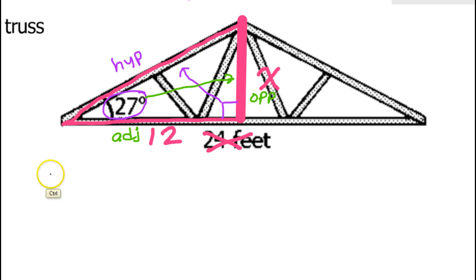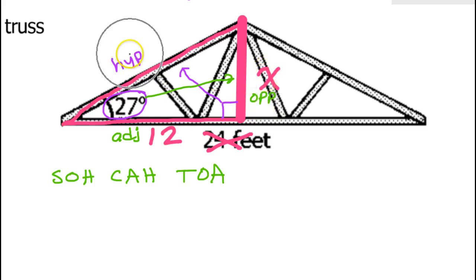Now it's time to decide which trig function we are going to use. To help us remember the formulas, we will write down the word SOHCAHTOA, which reminds us of the formulas for sine, cosine, and tangent. So, which one of these sides, opposite, adjacent, or hypotenuse, is useless to me right now? Well, the adjacent side is length 12. That's useful. The opposite side is the x that I'm trying to find.